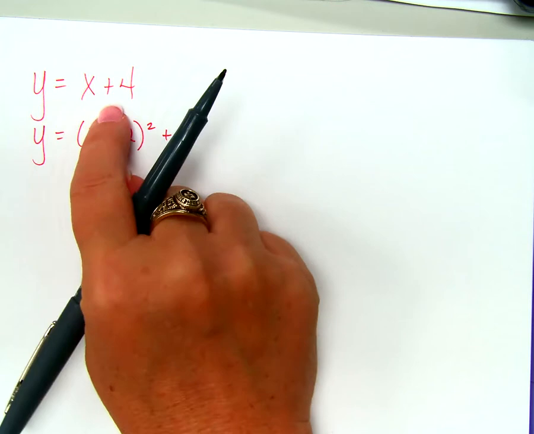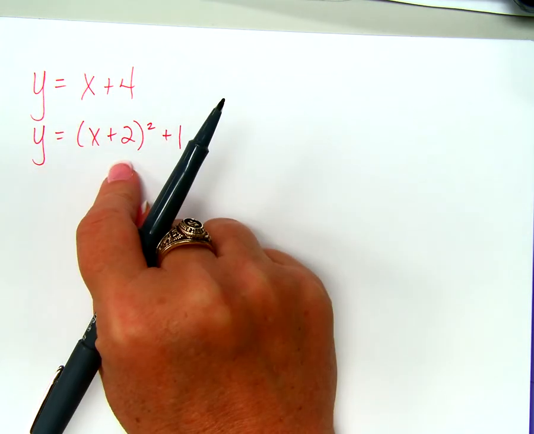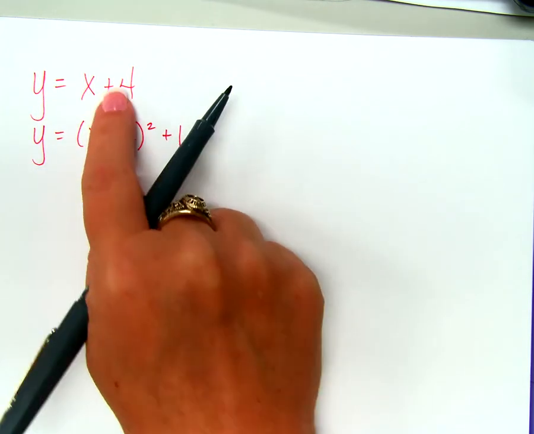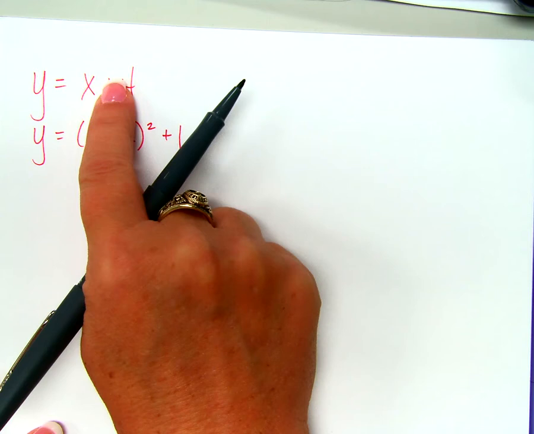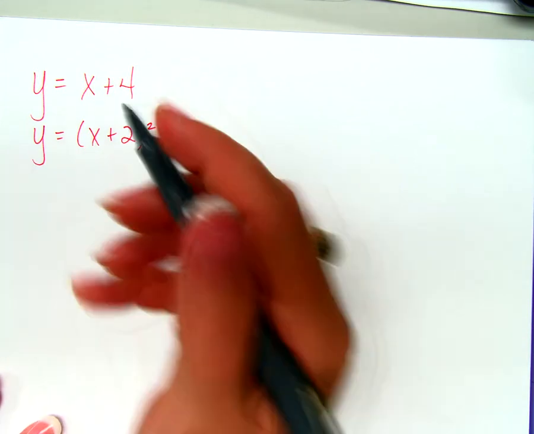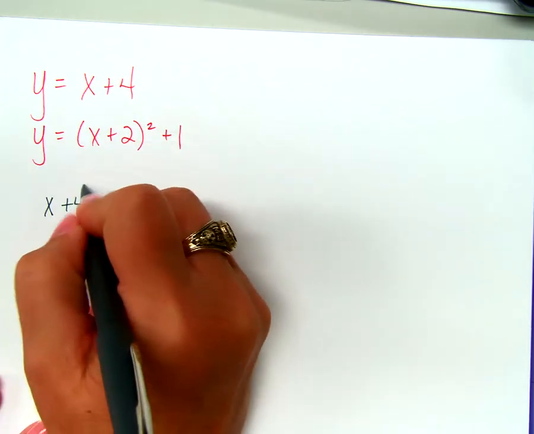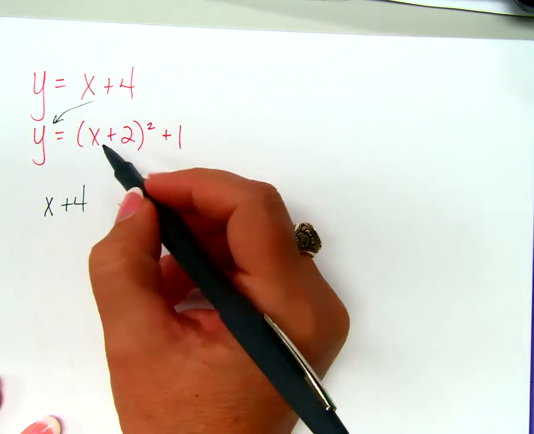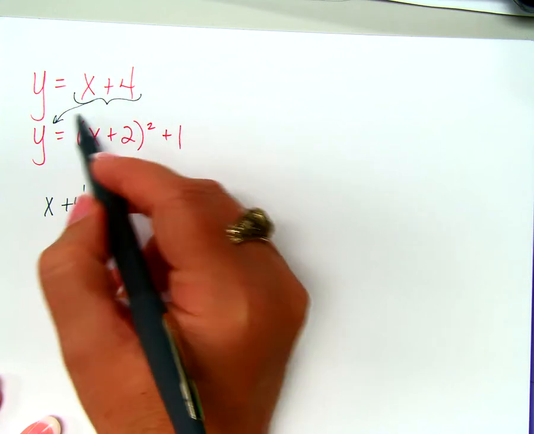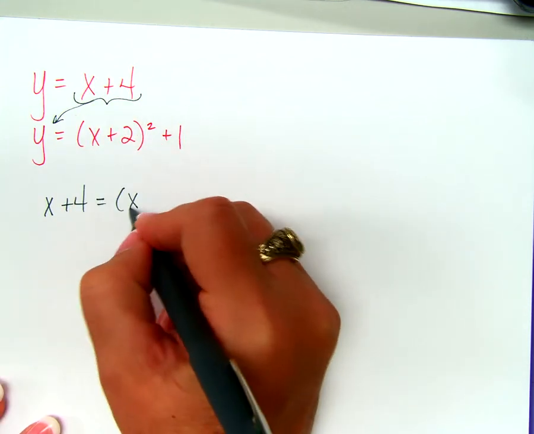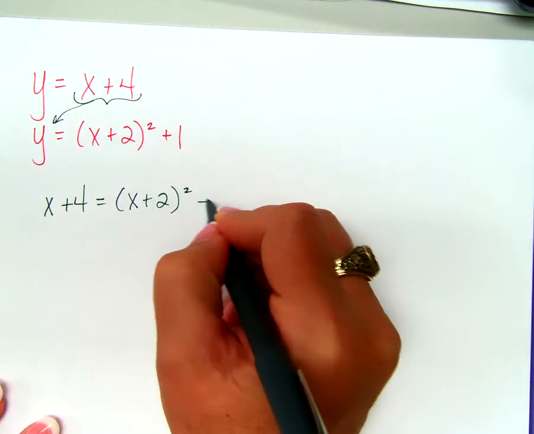If y equals this and y equals this, don't these equal each other? Aren't you substituting this into here? So x plus 4, we've put the whole thing right in there, equals (x plus 2) squared plus 1.